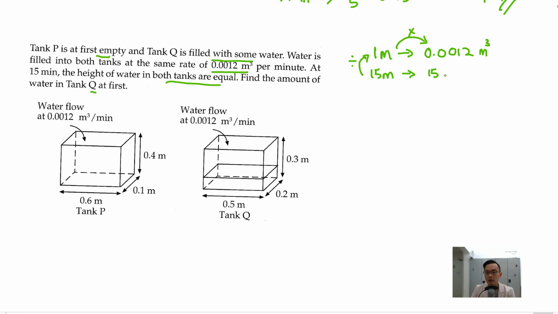So it's 15 times 0.0012, which is equals to 0.018 cubic meters. So I know that both tanks had 0.018 cubic meters worth of water going into it.